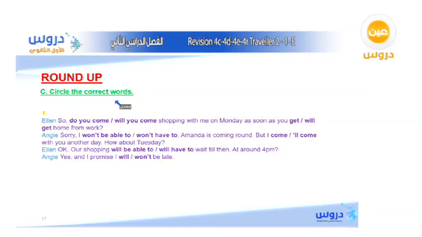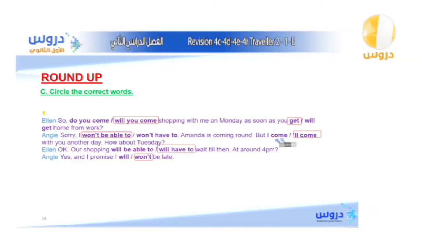Here circle the correct words. Ellen and Angie. So these are the correct answers. Will you come shopping with me on Monday as soon as you get home from work? Angie, sorry, I won't be able to.